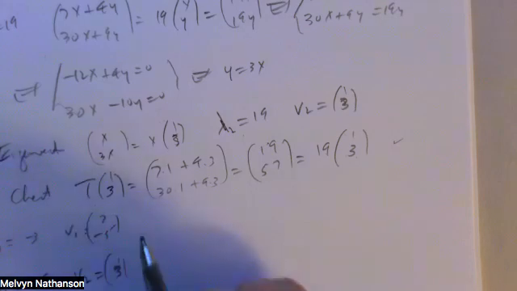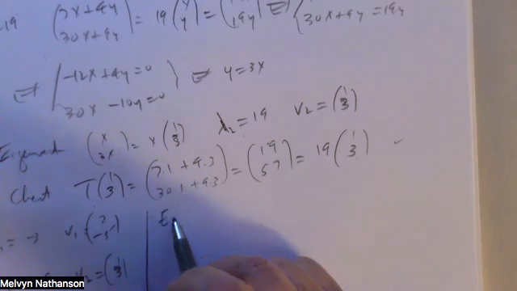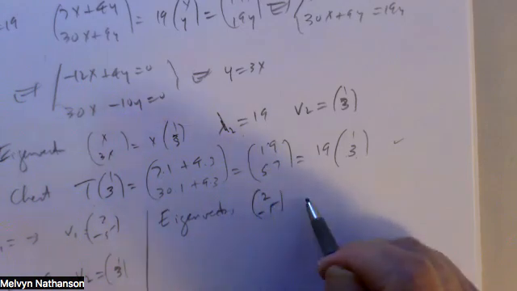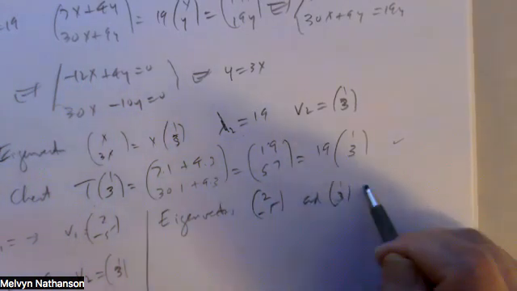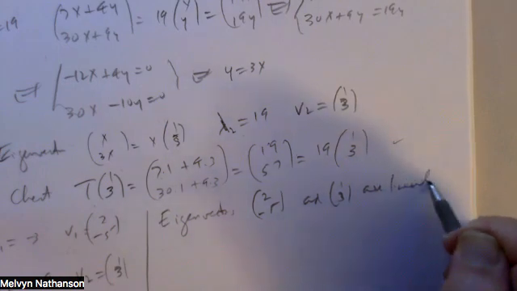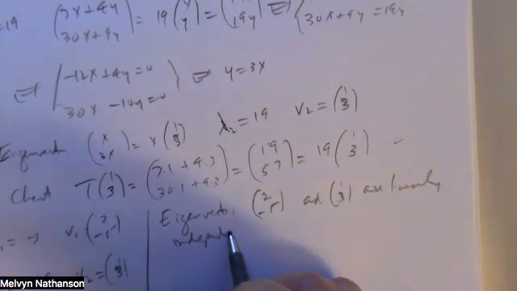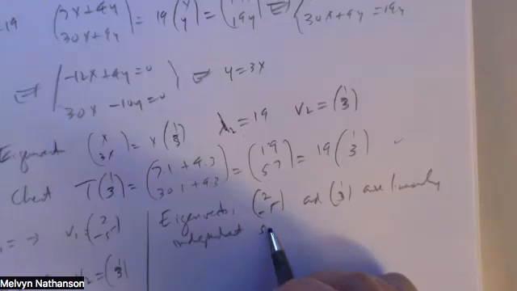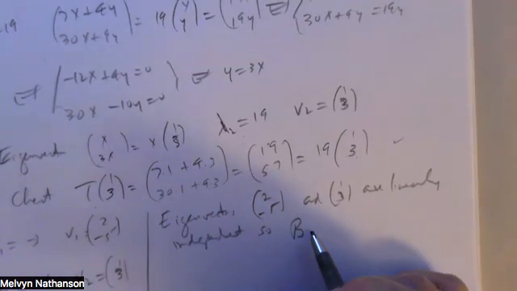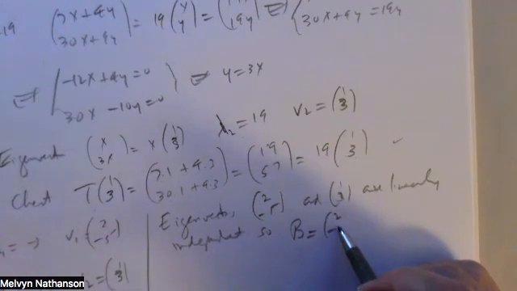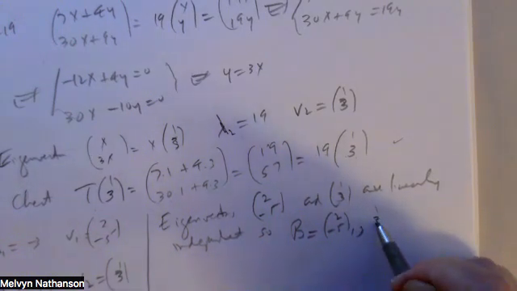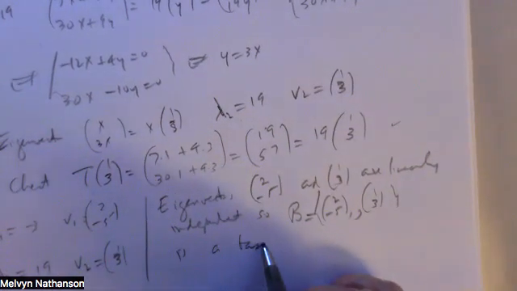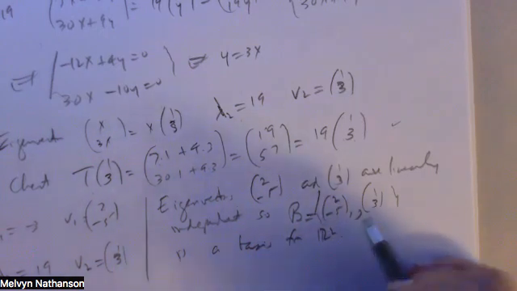And we can also observe that the eigenvectors (2, minus 5) and (1, 3) are linearly independent. So B, equal to the vector (2, minus 5) and the vector (1, 3), is a basis for R2.